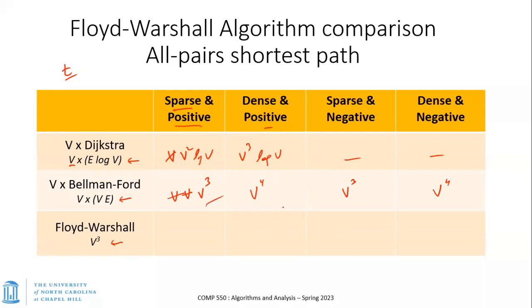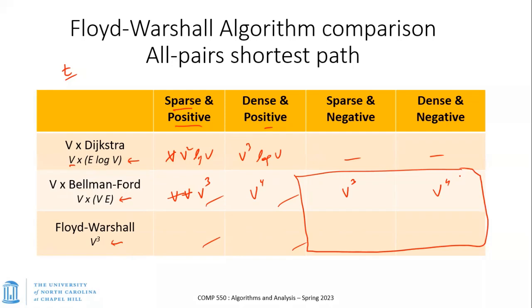We can neglect the positive portion for these two algorithms because they work with negative edges, and there is no advantage if you just had positive edges. Floyd-Warshall is simply V cube.